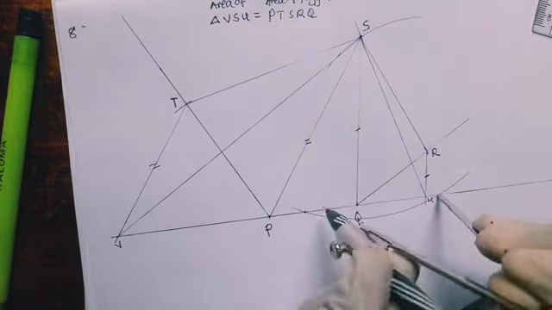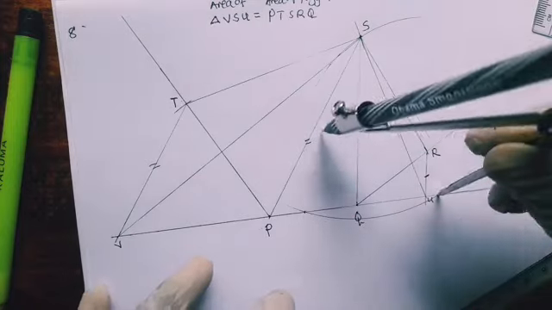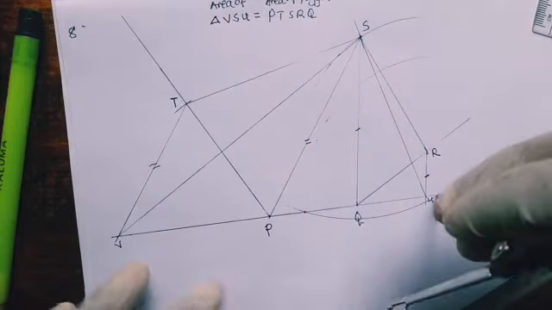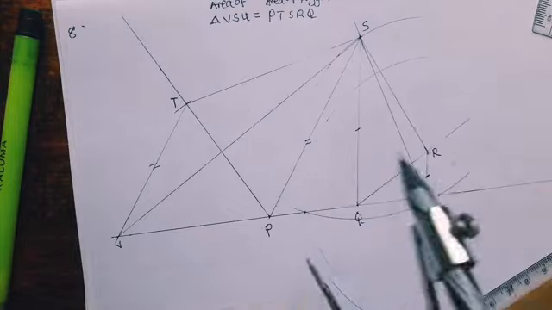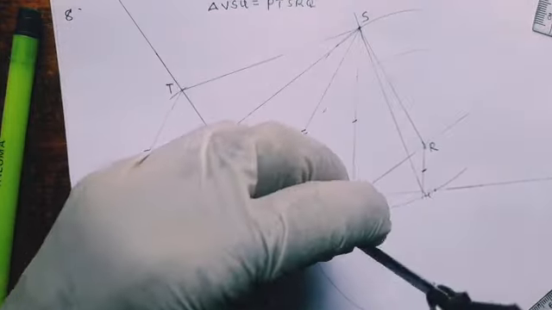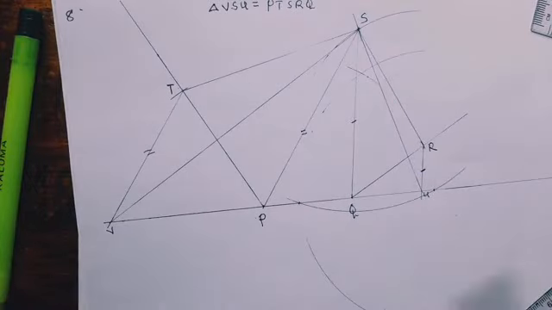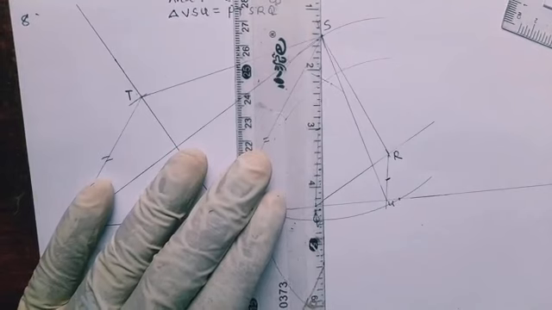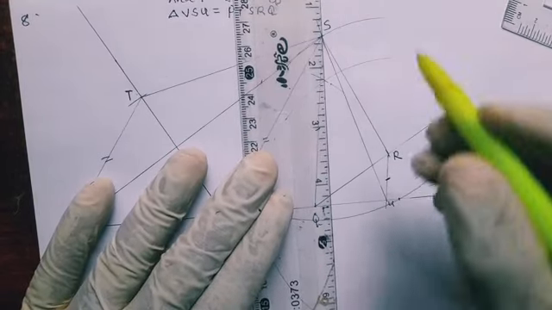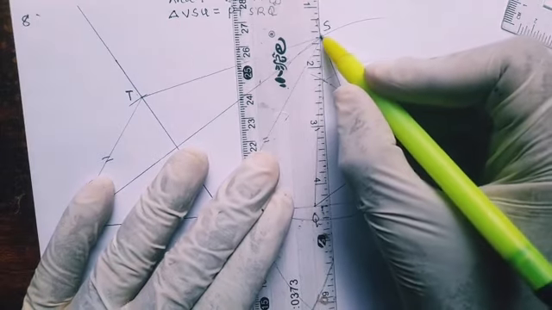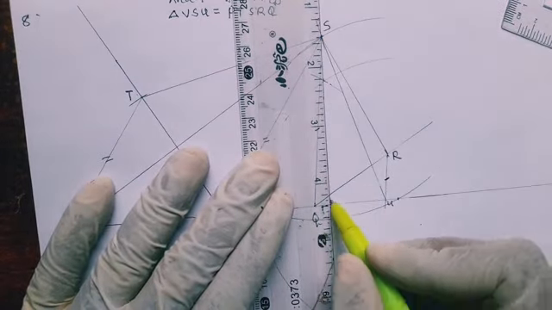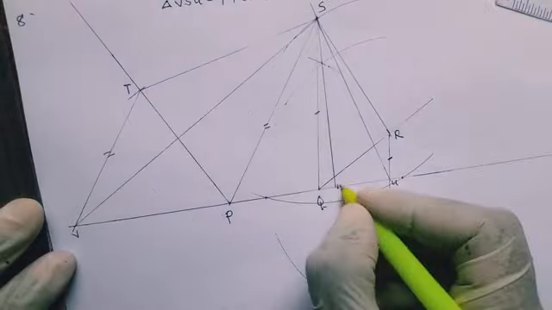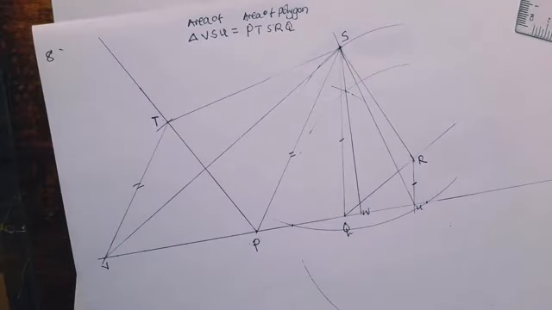Extend at 2 points and make arcs up and down respectively, which should cross to give us a perpendicular. So join this perpendicular to meet the base at a given point, and this point here we are calling W.